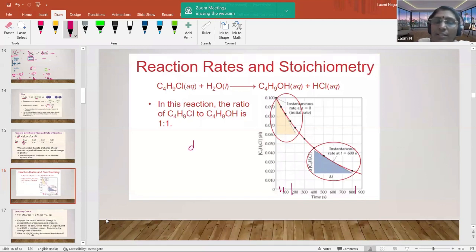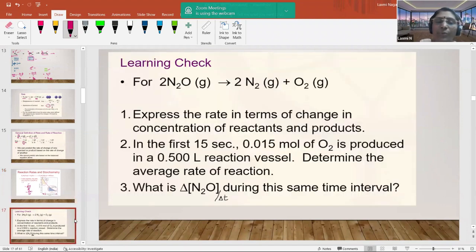You also use a small d of the reactant by dt to indicate instantaneous rate, and del to indicate the average rate. So this itself tells them that the change we are observing is over a very small time period, and here it is for a larger time period. I think they don't have any difficulty in understanding this.